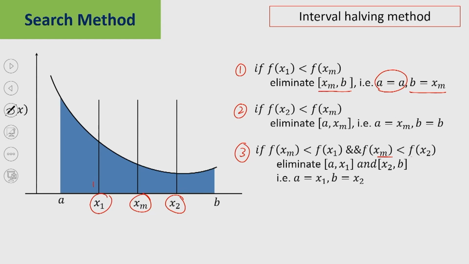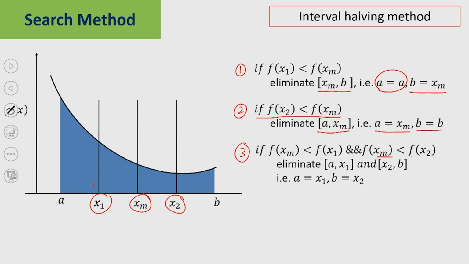Now, in case of condition 2, if f of x 2 is less than f of x m, then you will eliminate a to x m. In that case a will be equal to x m and b will be unchanged.